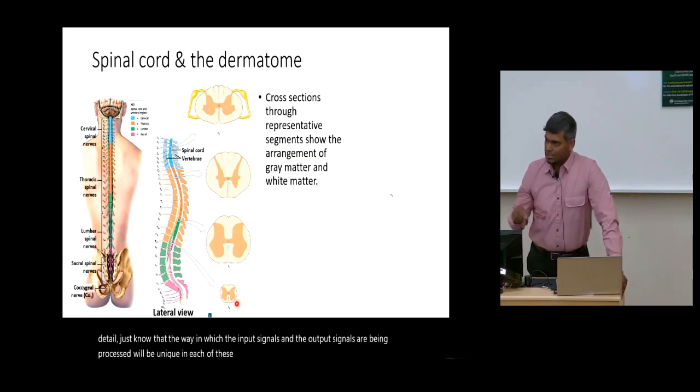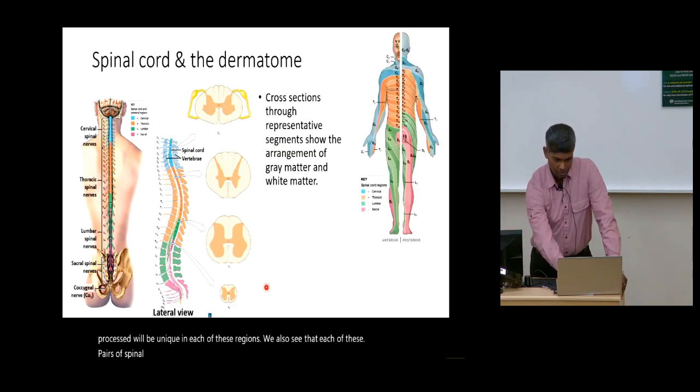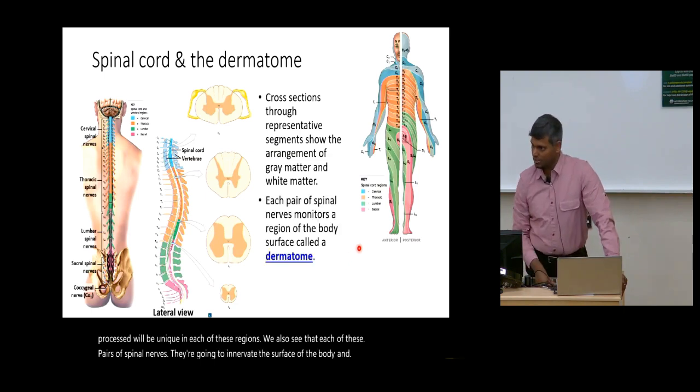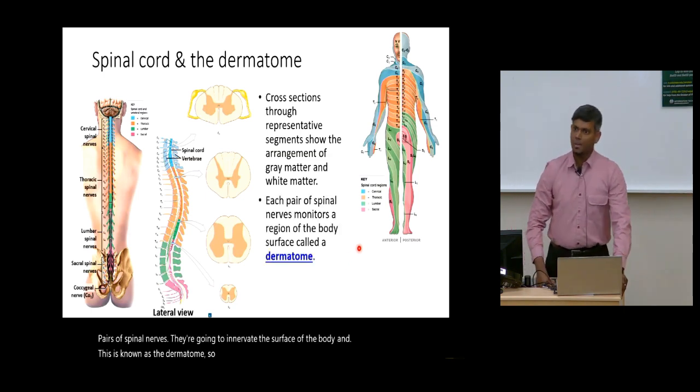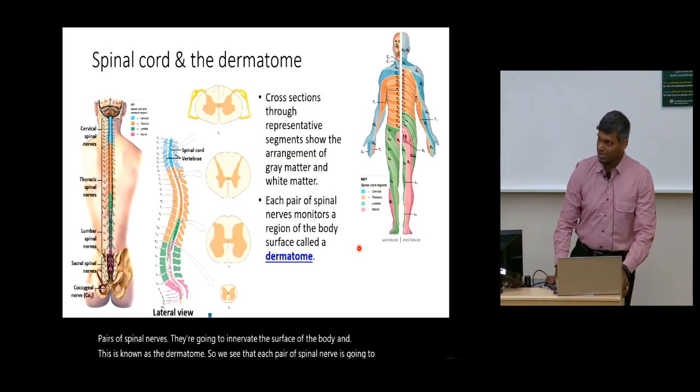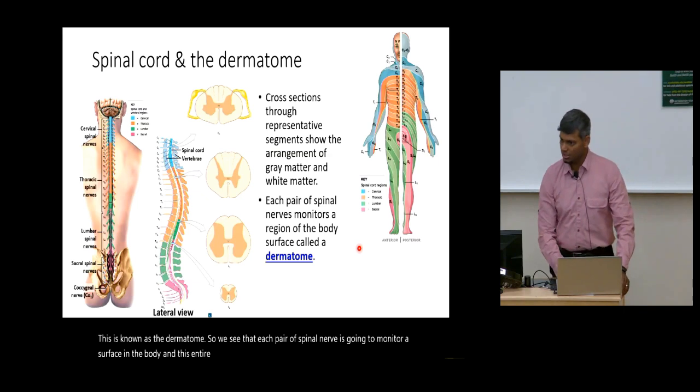We also see that each of these pairs of spinal nerves is going to innervate the surface of the body, and this is known as the dermatome. Each pair of spinal nerves is going to monitor a surface of the body, and this entire mapping is known as a dermatome.